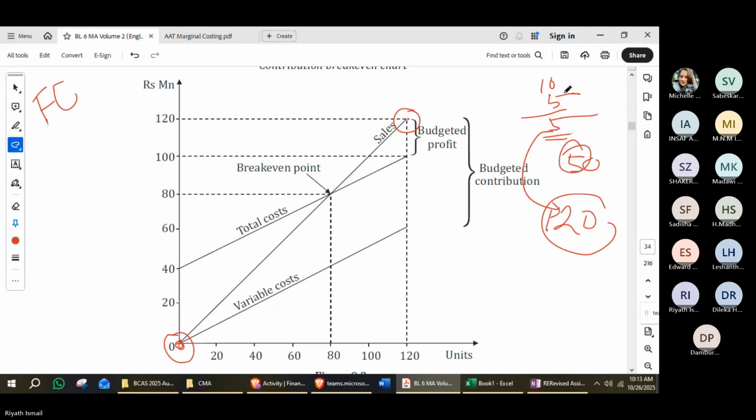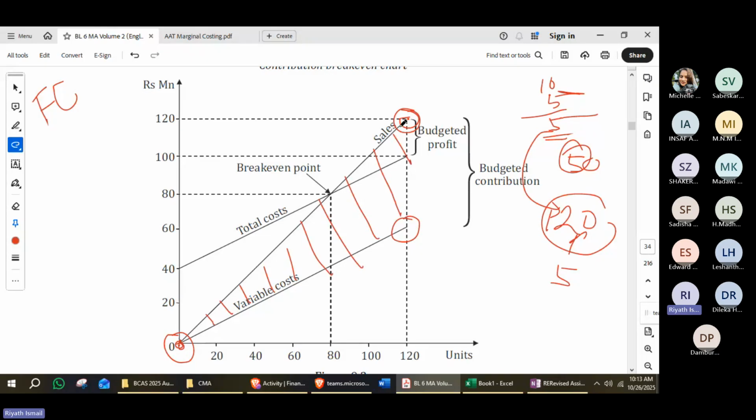At production 0, it is 0, and when production is 120 into 5, then you can find this variable cost. So this is sales. The gap is contribution.